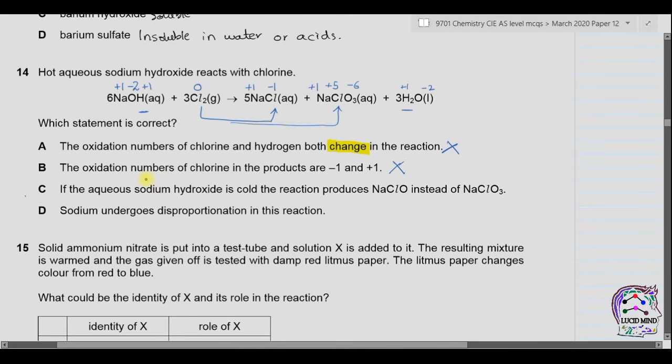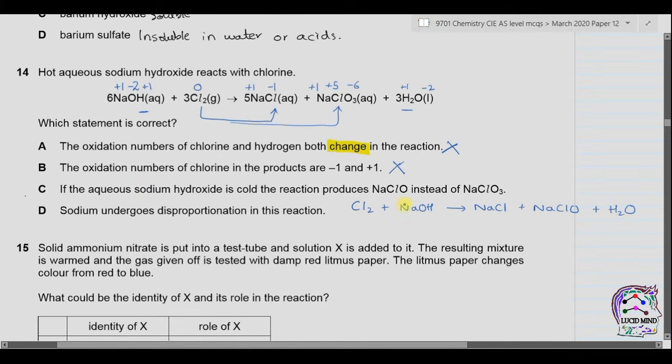C part. If the aqueous sodium hydroxide is cold, the reaction produces NaClO instead of NaClO3. Yes, this is correct because chlorine, when it reacts with cold sodium hydroxide, produces sodium chloride along with NaClO and H2O.